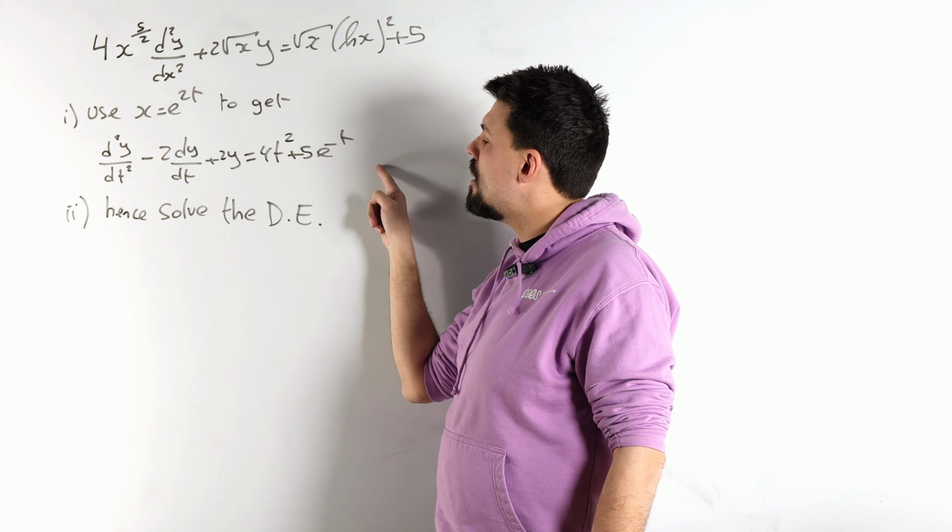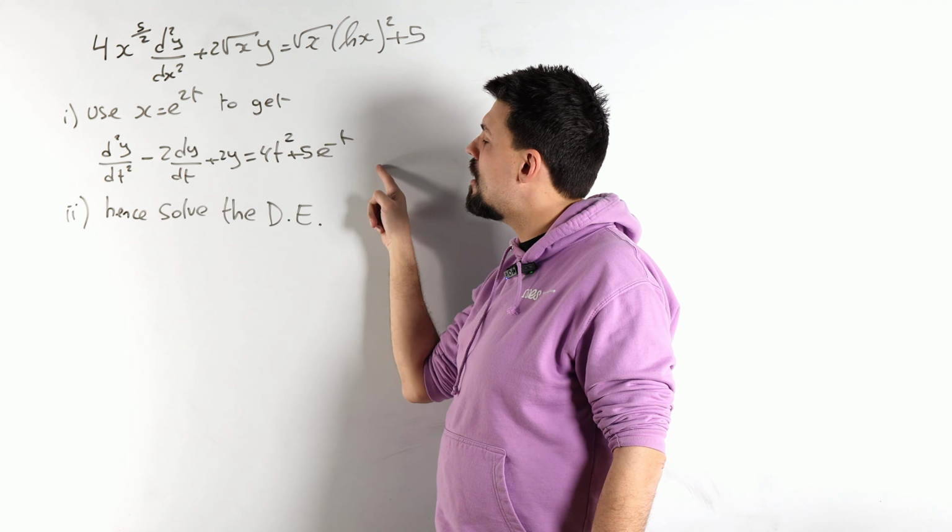So differentiate this with respect to t. So this is a product rule. So differentiate that. I get minus e to the minus 2t dy dt plus 1/2 e to the minus 2t d2y dt squared. Keep that, differentiate that. And then times by my dt by dx, which is 1/2 e to the minus 2t.